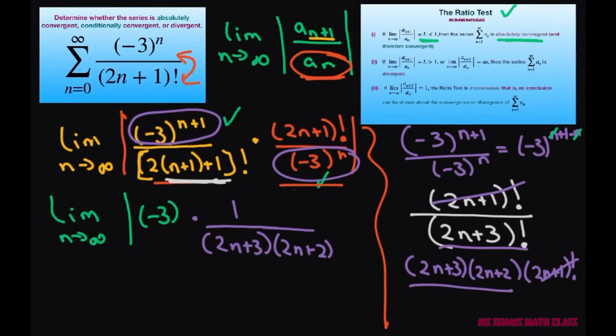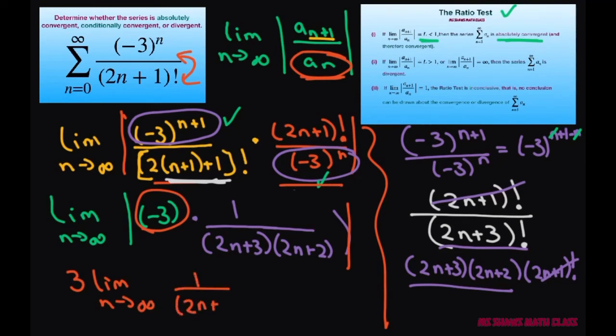Now, to simplify this further, let's factor out the absolute value of 3, which is just 3. So we have 3 times the limit as n approaches infinity of 1 divided by 2n plus 3 times 2n plus 2.